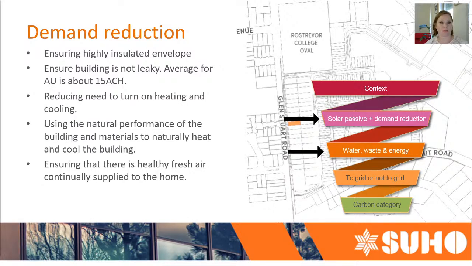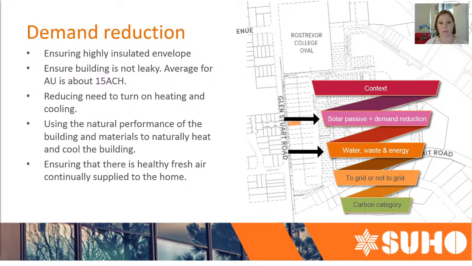By doing this, we're actually reducing the need to turn on heating and cooling. Therefore, it's reducing the demand and potentially getting us to a point where we don't need the heating and cooling add-ons within the house, except for maybe ceiling fans to get airflow, without having to then account for the cost that adding heating and cooling can create.